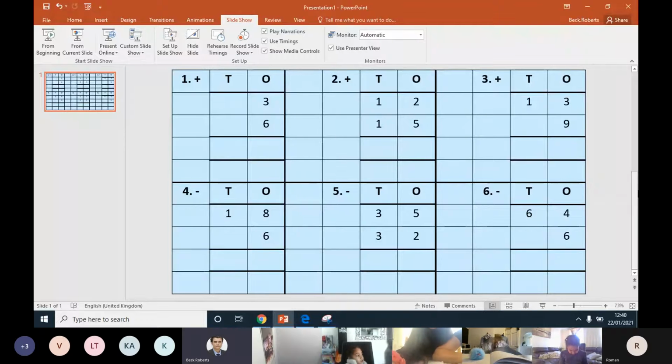Just 2 more minutes left, and then we will go through some answers. If you finish early, you can make yourself a couple of challenge questions, or if you want, you can practice your times tables. That's fine by me.